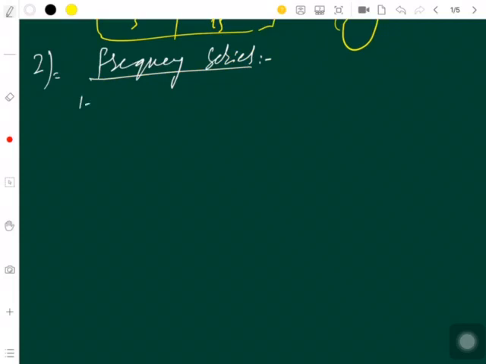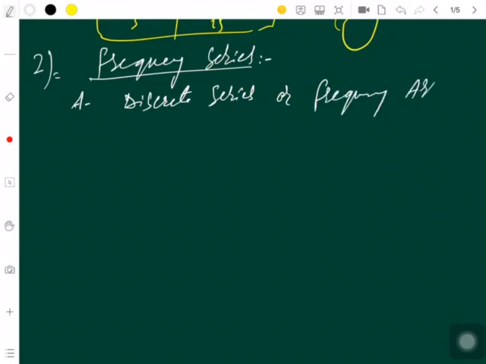Number first, or I'll write A, discrete series or frequency array. Array, you have to learn what is array, which are also called tally bars.